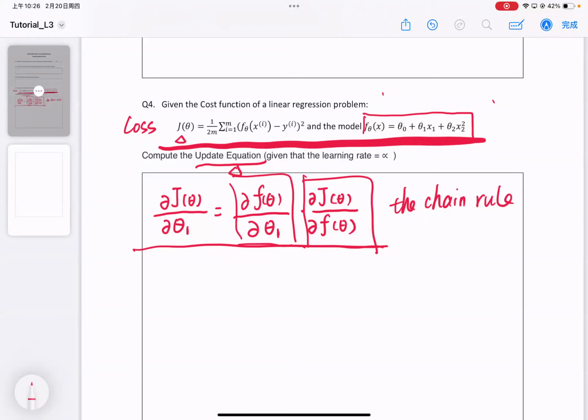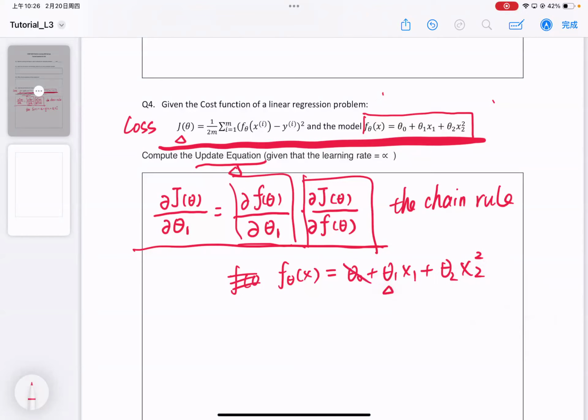What is f(x)? f_theta(x) is equal to theta 0 plus theta 1 x1 plus theta 2 x2 squared.